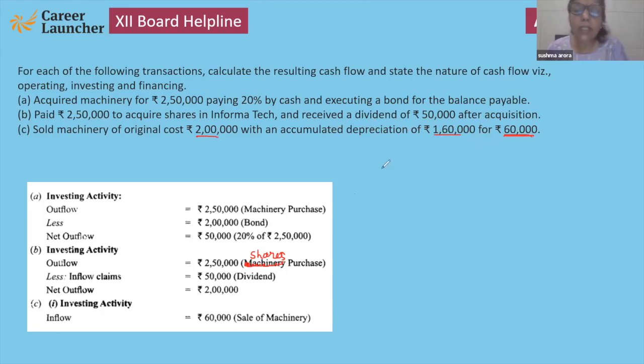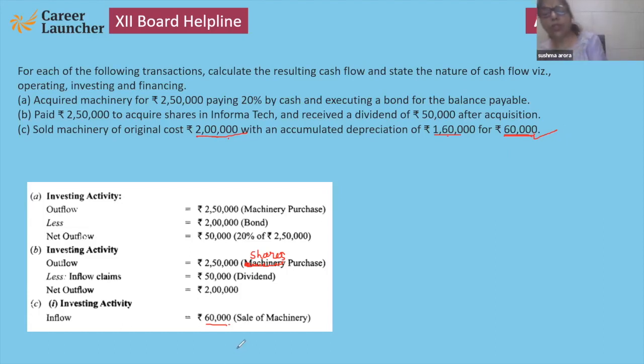Okay, calculate the inflow or outflow under which activity. See that question, like this one they gave in the CBSE 2016 paper. Original cost 2 lakh, depreciation 1,60,000, for 60,000. What will be the inflow in investing activity? So 60,000 is the inflow. Simple.